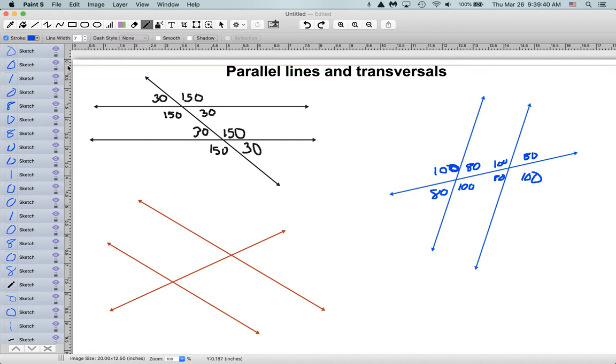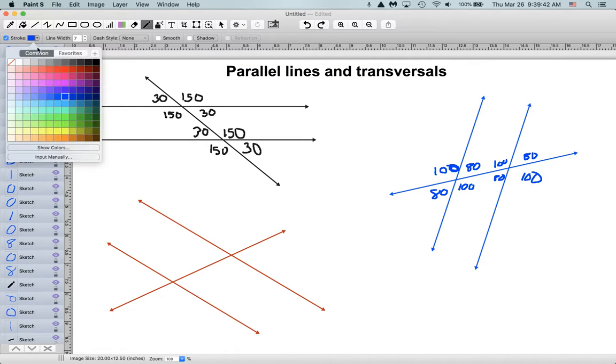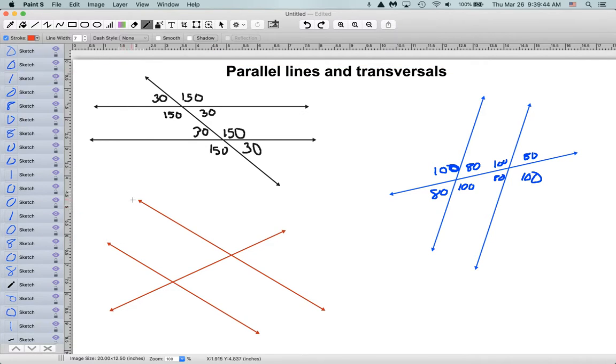If we looked at the red lines down here, again, the same principle holds as long as this line here is parallel to this line. We have a transversal. If this angle here was maybe 120 degrees, then this one here would be 60 degrees, because 120 and 60 add up to 180.